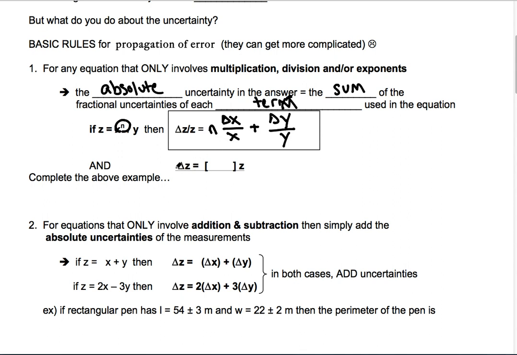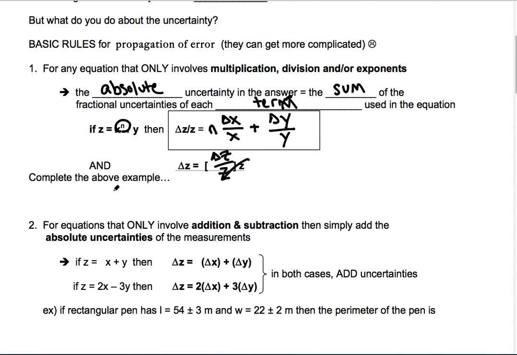And if I want to get my absolute uncertainty, my delta z, once we get a number from that, all I would need to do is take my fractional uncertainty and multiply it by my actual value, z.